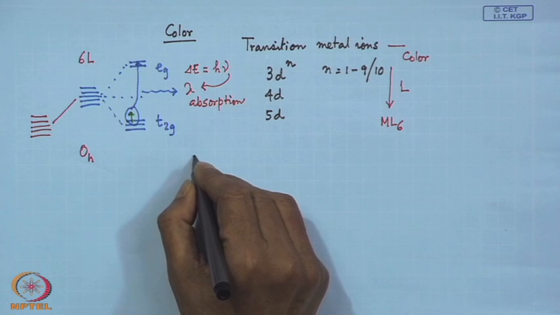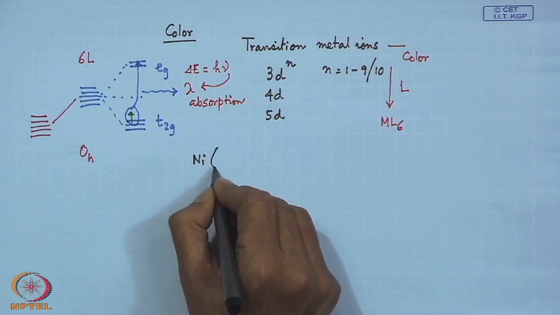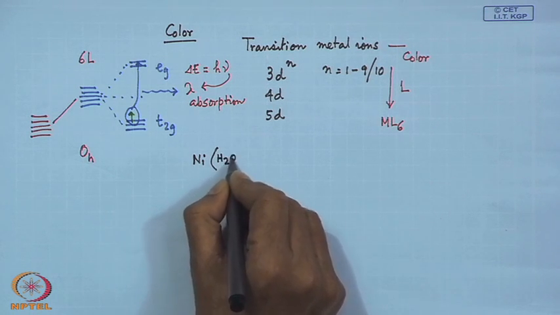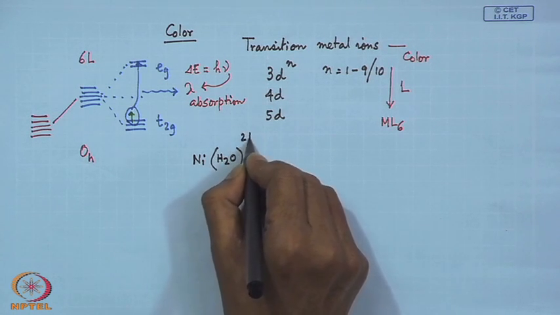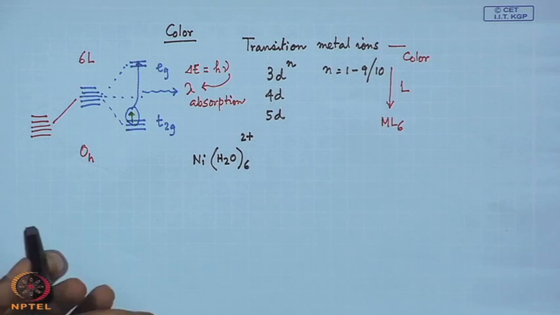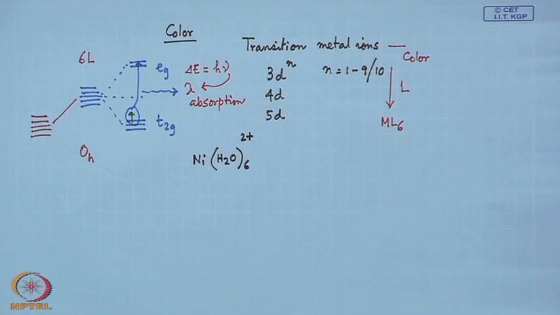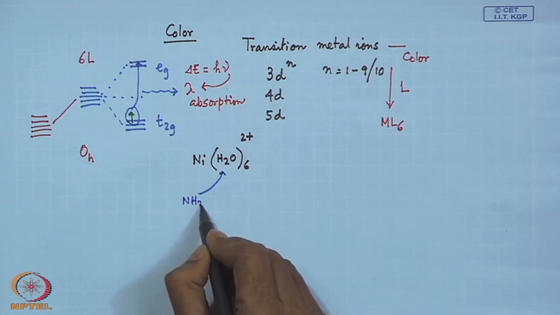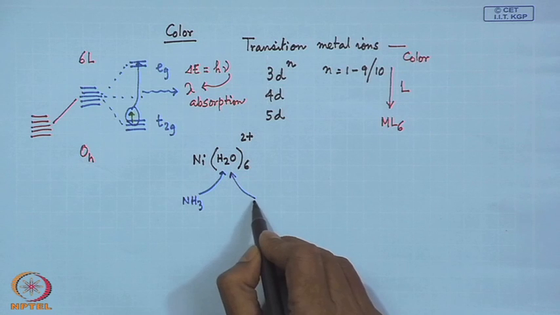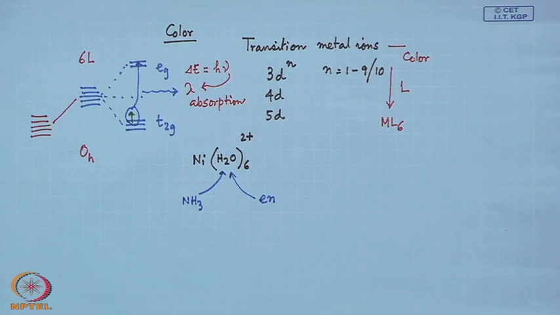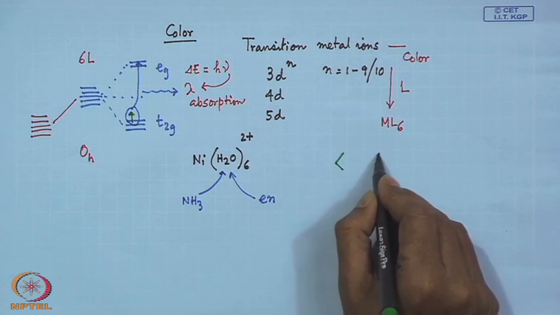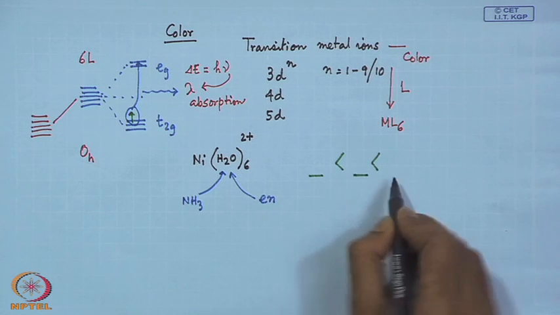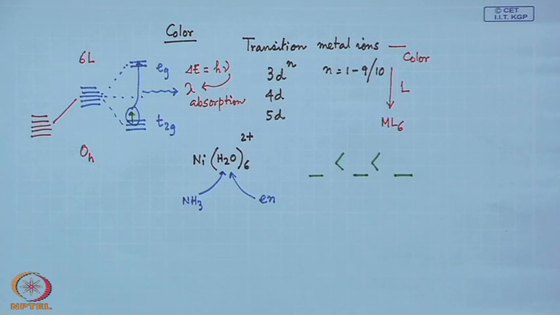And we have seen in simple molecules like the hexaaqua compound of nickel 2 plus, if we substitute these by ammonia as well as ethylenediamine, the ligand strength changes, because they are at different positions in the spectrochemical series.